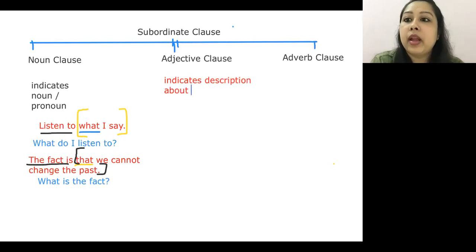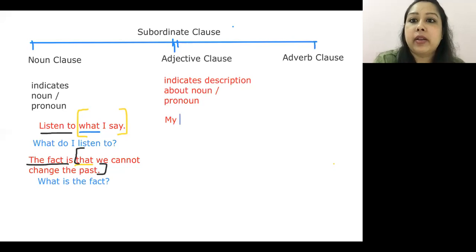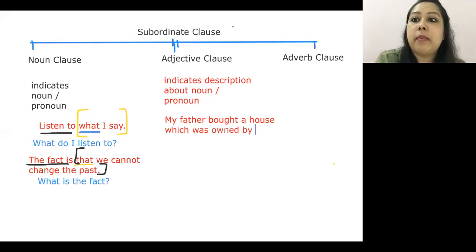Let's see. I'll give you a few examples here. My father bought a house which was owned by Mr. Shetty.